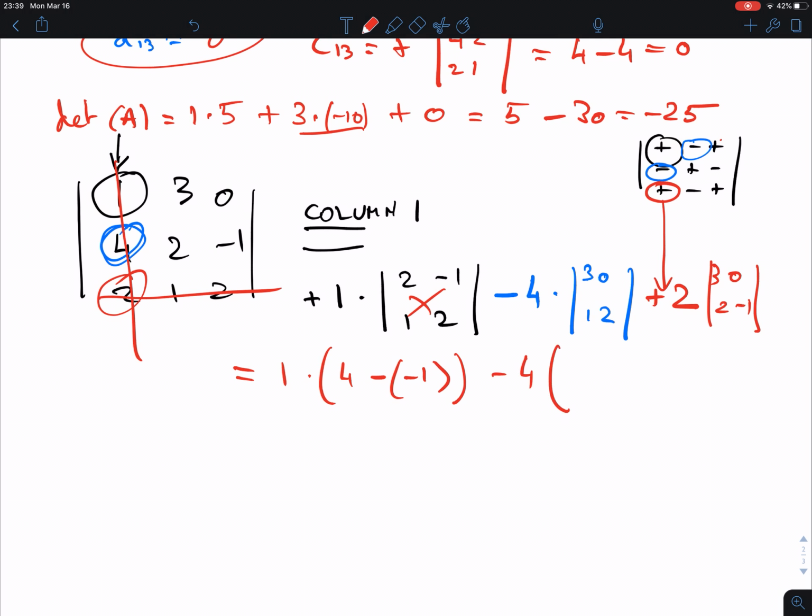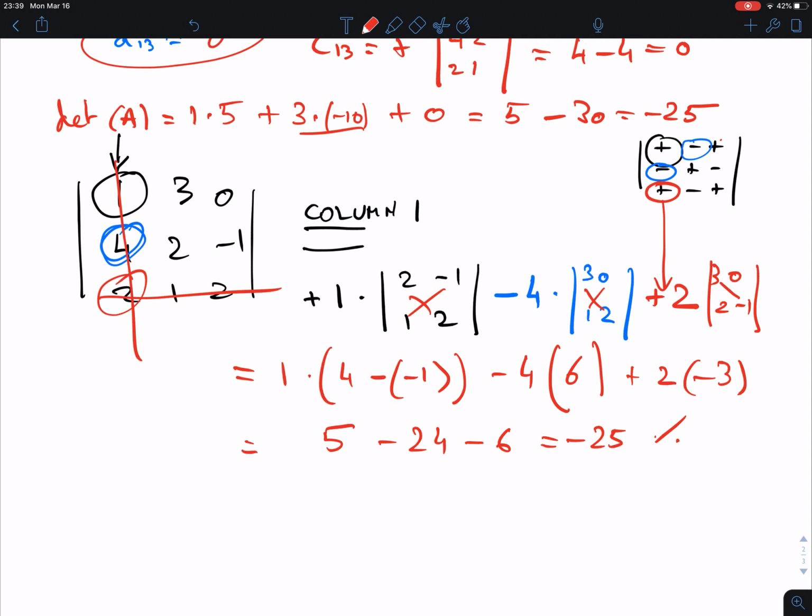Minus 4 times 3 times 2, that's 6. 0 times 1 is 0, so it doesn't do anything. Plus 2 times minus 3. So that is 4 minus 1, that is 5. Minus 24 minus 6. So that is minus 30 minus 25 again.